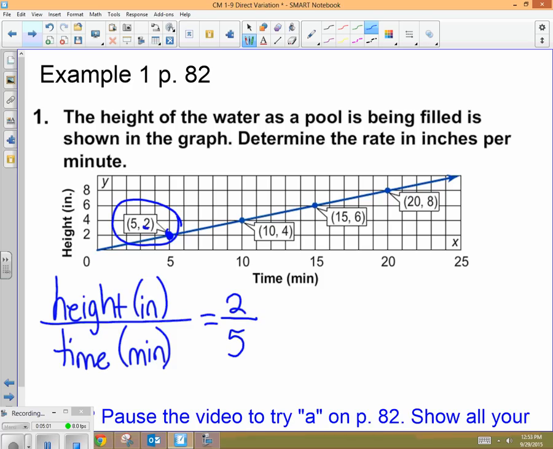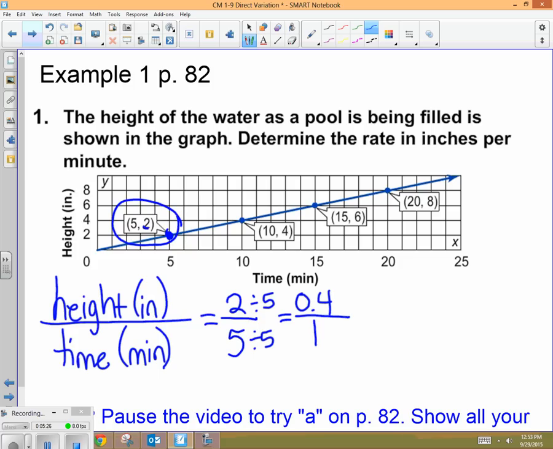Now, to find the constant or the rate of change, you need to find the unit rate. So I'm going to divide the top by 5 and the bottom by 5. 2 divided by 5 will give you a fraction. By typing this in your calculator, type 2 divided by 5 and you should get 0.4. 5 divided by 5, of course, is 1.